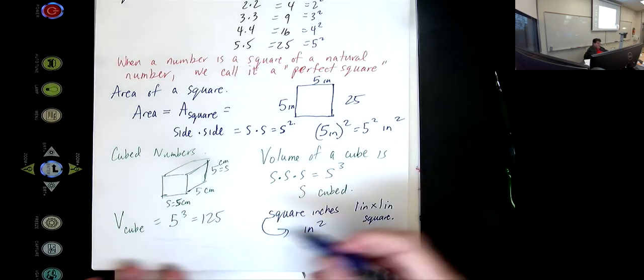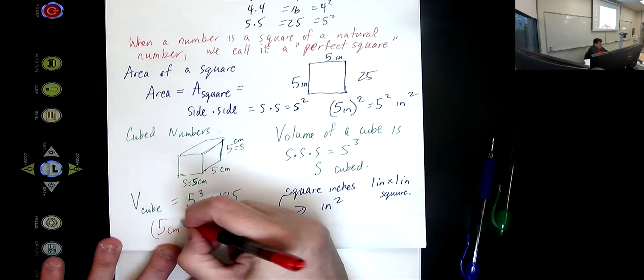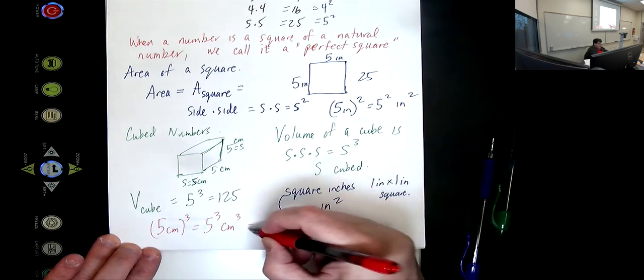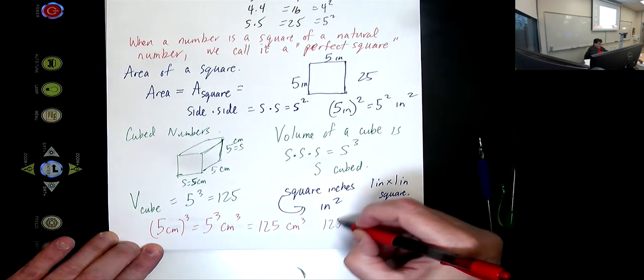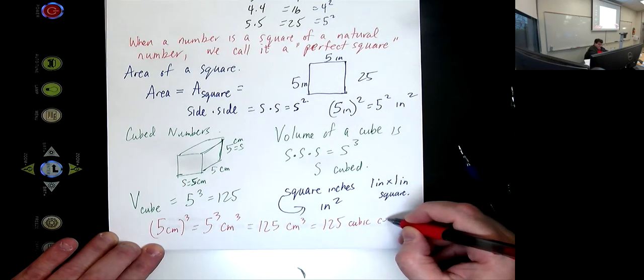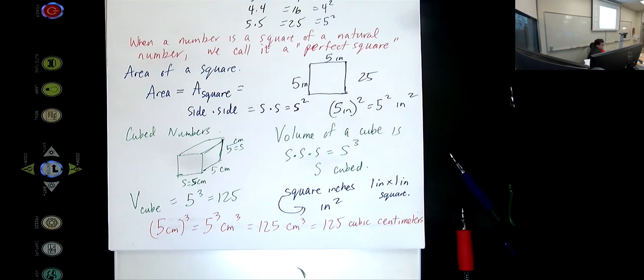Cubic units, like I would have over here, 5 centimeters cubed. 5 cubed, and the centimeters get cubed also. This is 125 centimeters cubed, or 125 cubic centimeters. We could say 25 inches squared or 25 square inches. We can say 25 cubic inches or 25 inches cubed. But it comes from the shapes of a square and a cube.